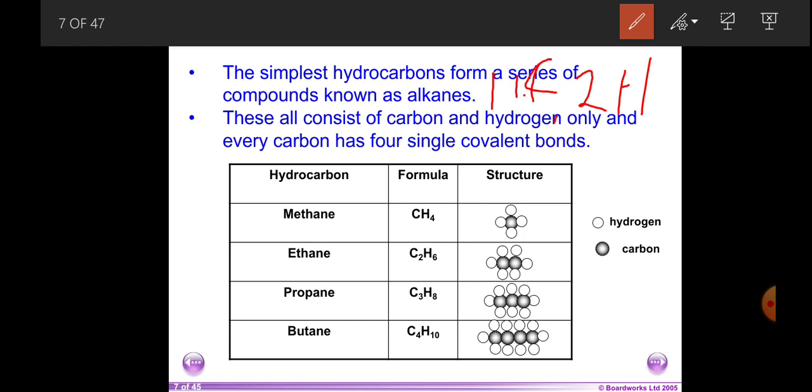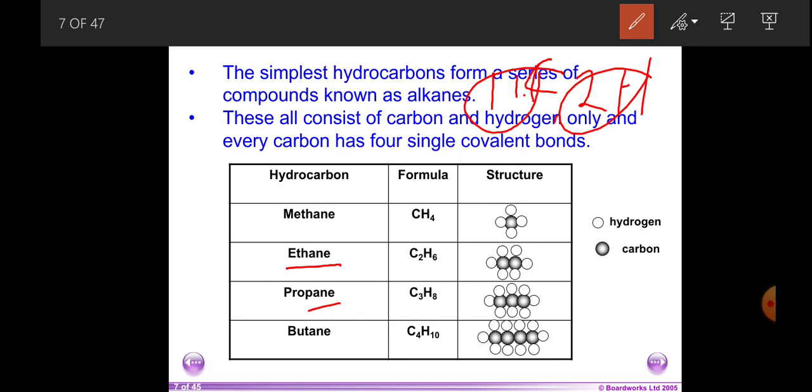The difference between ethane and propane is again the same, 1 carbon and 2 hydrogens. Again, the difference between propane and butane is 1 carbon and 2 hydrogens.